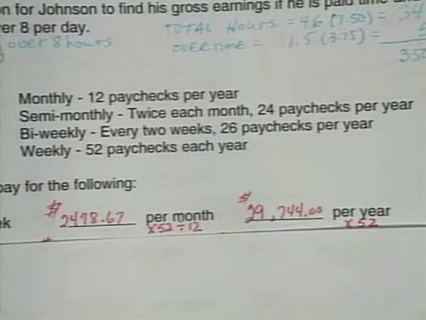Does anyone want to talk about why not multiplying by 4? Not every month has 4 weeks. That's right. It wouldn't be enough money. If you took 572 and multiplied it by 4, you would not get the monthly amount that we've got there.